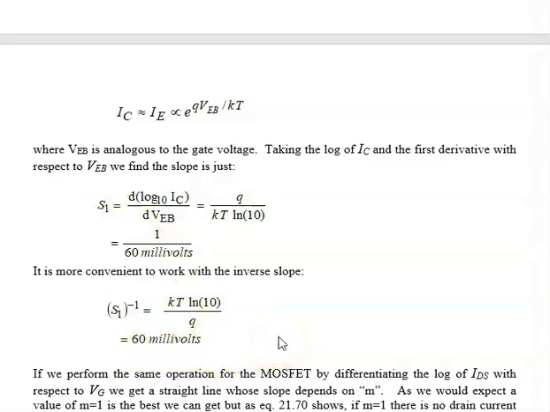So for a BJT, the slope of the collector current versus the emitter-base bias is 60 millivolts, and so this is the input, which would correspond in a MOSFET in weak inversion to the gate voltage, and this is the output current, which in a MOSFET corresponds to I_DS.